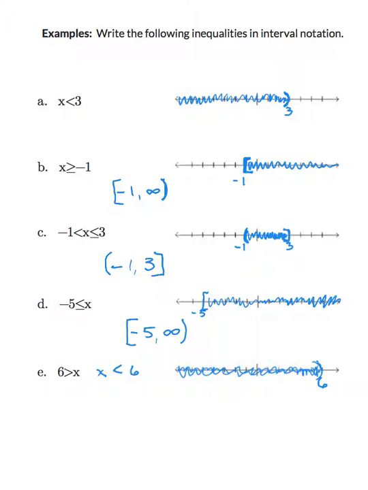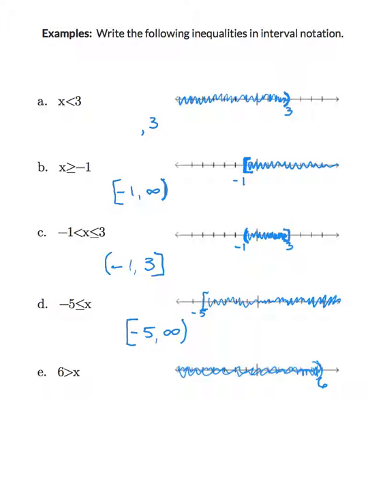Okay, so now let's look at examples A and E and see what we can do with these. Example A, we have x is less than 3. So pay close attention. What is the rightmost value of the shading? Well, the rightmost value is 3. So I'm going to put that after my comma.